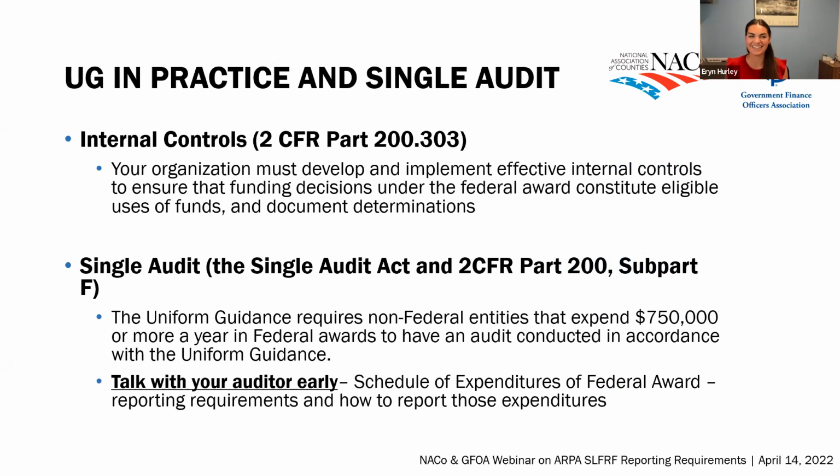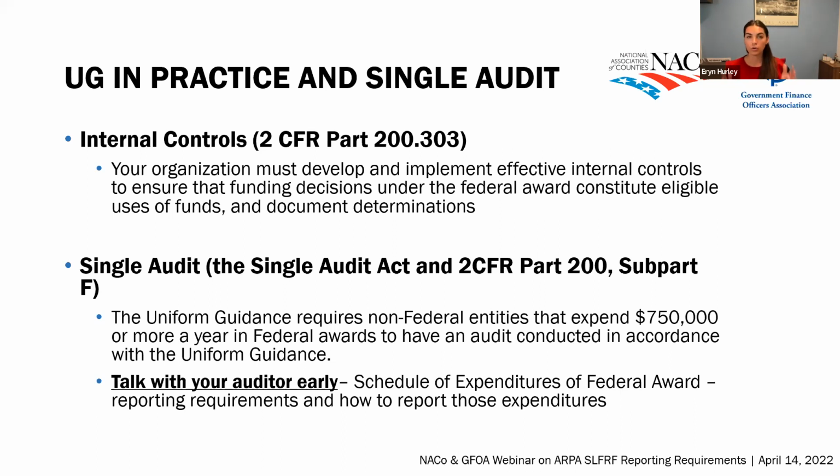Yes, thanks, Emily. So now let's talk about the uniform guidance in practice and the single audit. We're going to talk about this a little bit later. Emily mentioned the alternative now, but because of the uniform guidance, of course, recipients are also required to implement certain practices. So in terms of internal controls, what does that mean? This is 2 CFR Part 200.303.